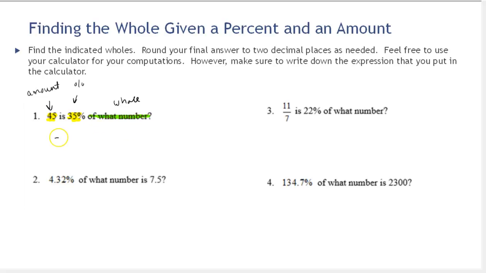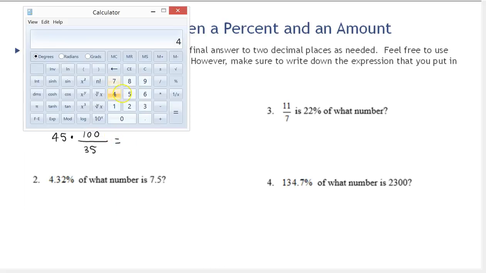Okay. So we're going to use the same general strategy we used before. We take our amount and we're going to multiply by a fraction. Now since this is 35%, we divide by 35. So the 35 goes in the denominator, and we could think of dividing 45 by 35 gives us 1%, and then we take 100 copies, so we put 100 in the numerator.